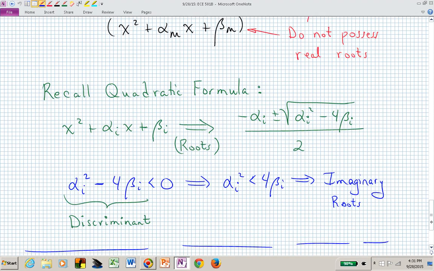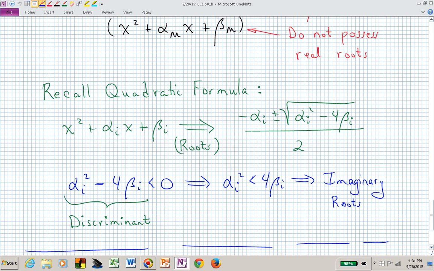Meaning, in this one single quadratic factor, x squared plus alpha sub i x plus beta sub i, if I said find the roots, you would use the quadratic formula in general, let's say, not your calculator. You'd probably pull out your calculator and just have it factor it.